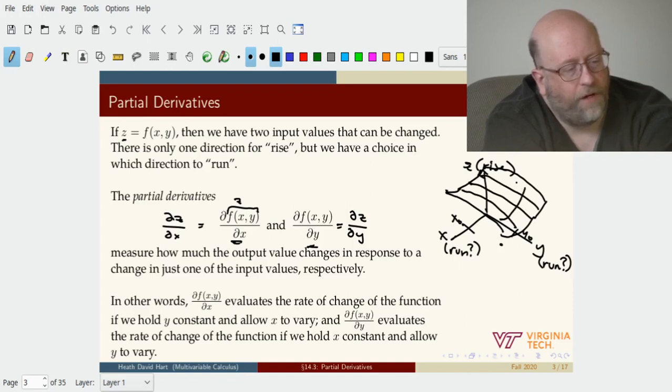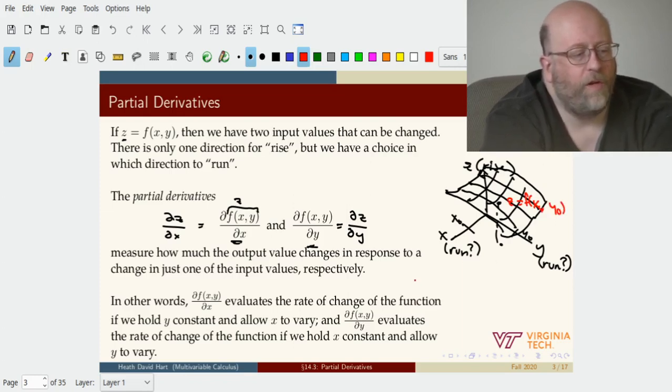I'm just drawing a picture here. And x naught, y naught goes up to a point on that surface. So this is z equals f of x naught, y naught.